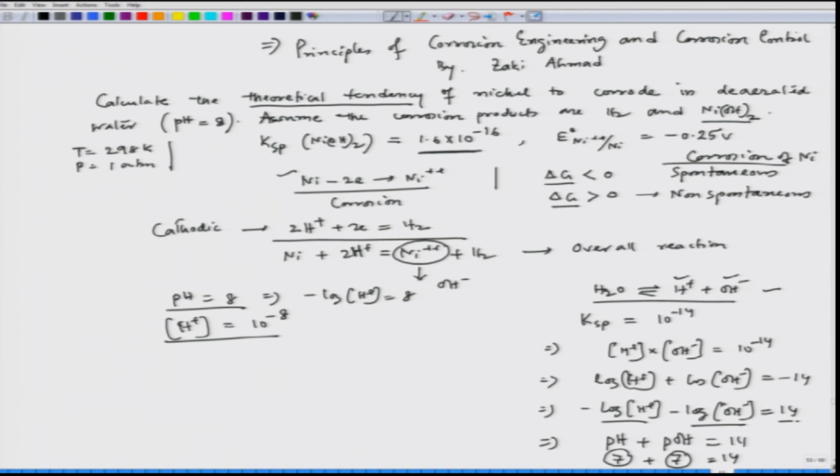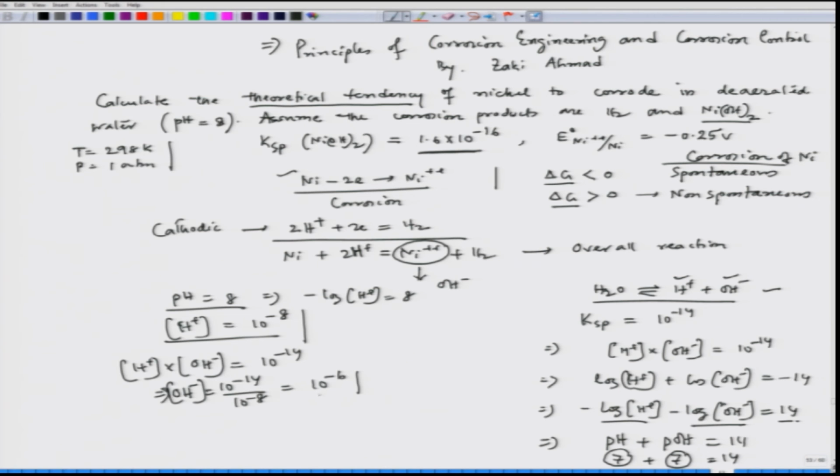Now, OH minus into H plus equal to 10 to the power minus 14. I know the concentration of H plus ion, so 10 to the power minus 14 divided by 10 to the power minus 8 gives 10 to the power minus 6. So, I know the concentration of OH minus.